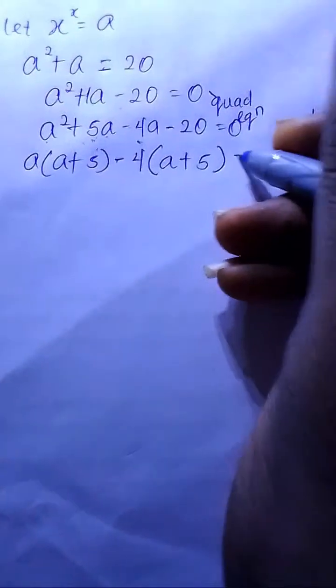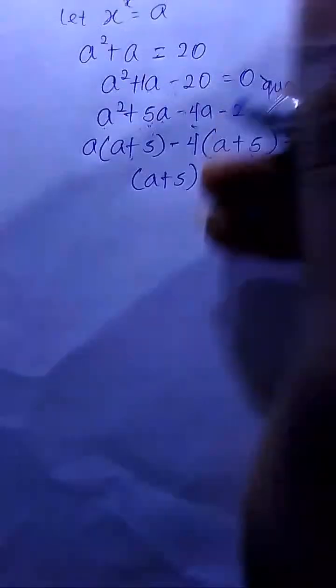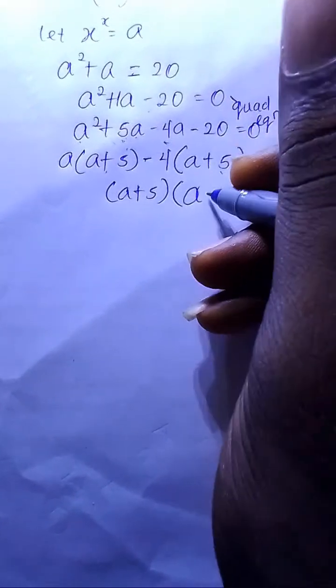We have a plus 5, and here what's common? Minus 4 is common, so we can bring out minus 4, and when we bring out minus 4 from here, we have a plus 5, equals 0. So from here we have a plus 5 common, so we'll bring out a plus 5 here, and we have a here. When we bring out a plus 5 here, it has a minus 4 equals 0.